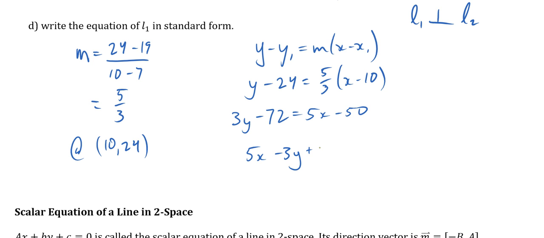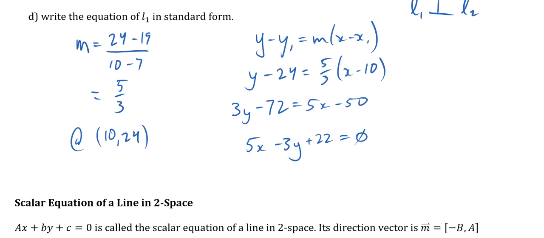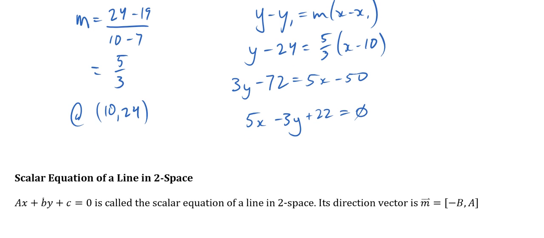And add 72, so I get 22 equals 0. No fractions, everything grouped on the same side. Everybody still okay? Whoops, these should be capitals.